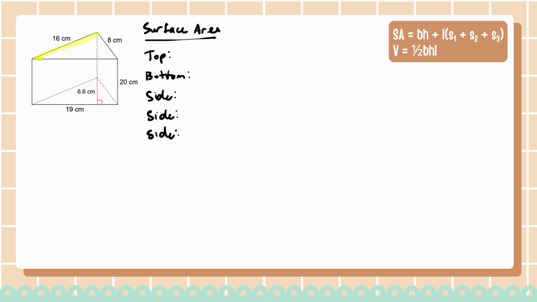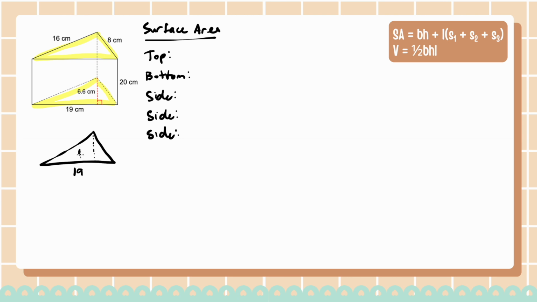So I'm going to go ahead and start out with the top and the bottom. And if it's a little bit difficult to see the triangular bases, I'm going to go ahead and draw it out down here as well. So notice that my base right here is 19, and they actually give me my height here.